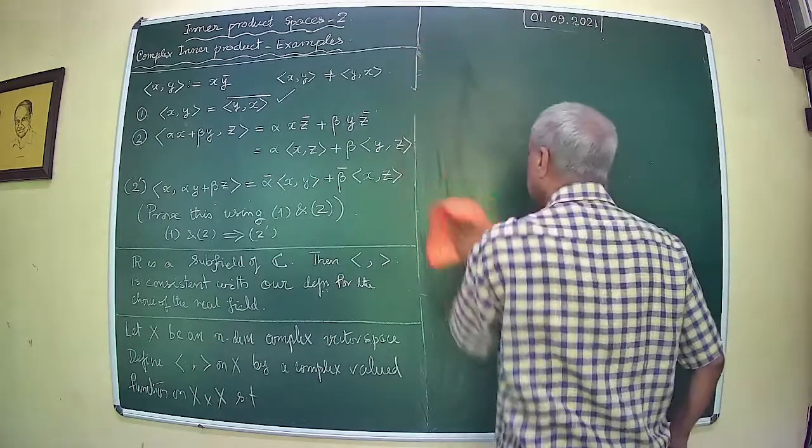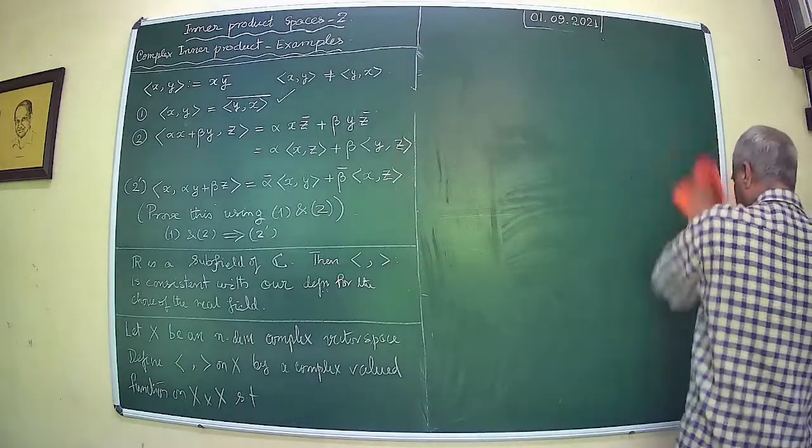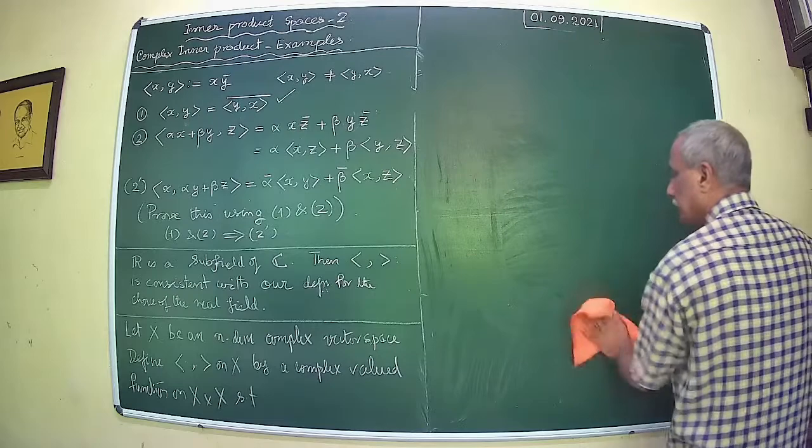That's the first thing. The second one is it is linear with respect to the first variable.